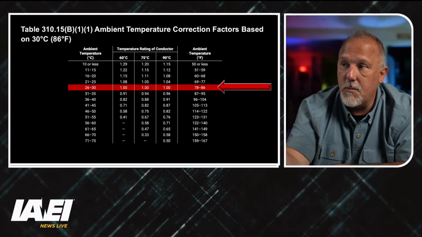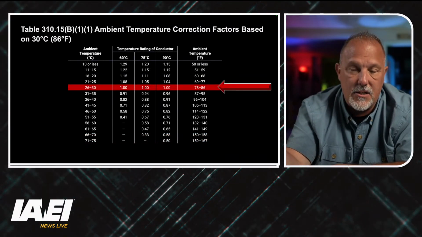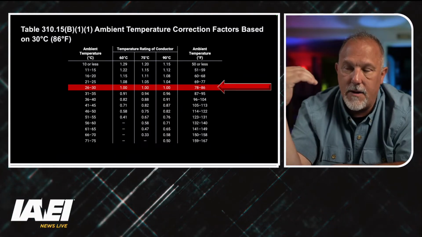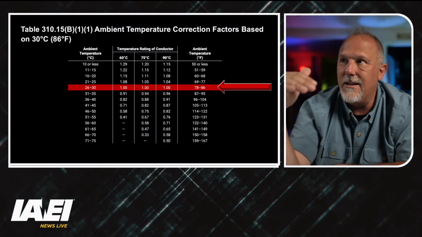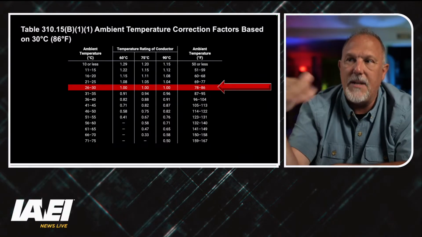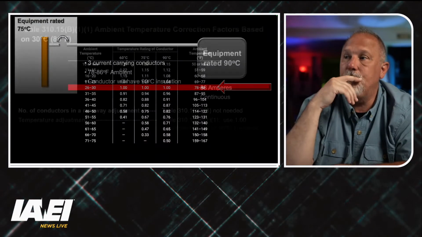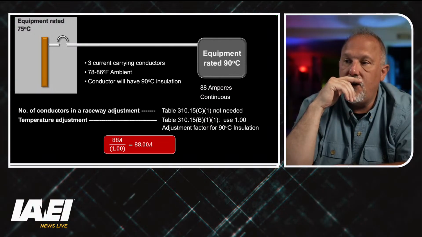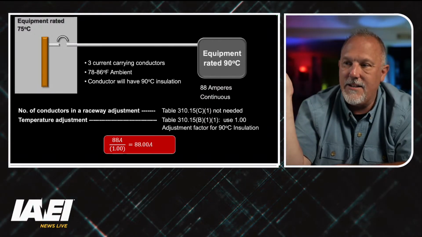This is a 1.0 multiplier because I'm around 86 degrees Fahrenheit, so I'm not correcting the ampacity based upon ambient. So 88 over unity is 88 amps.